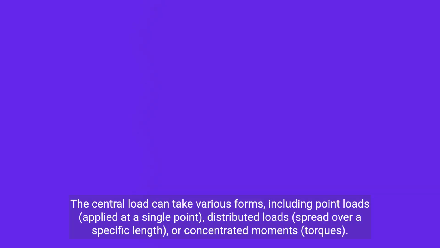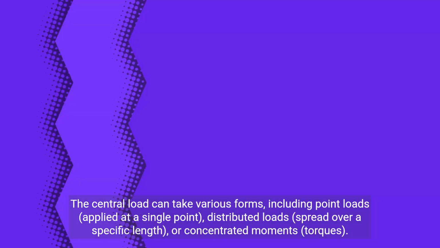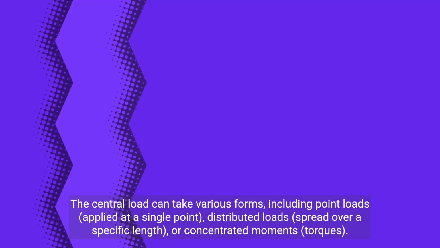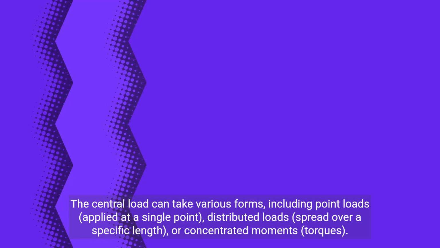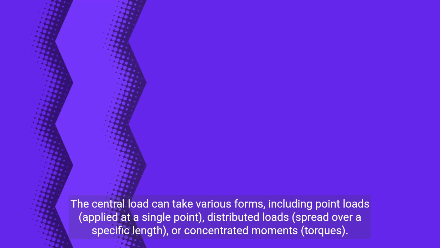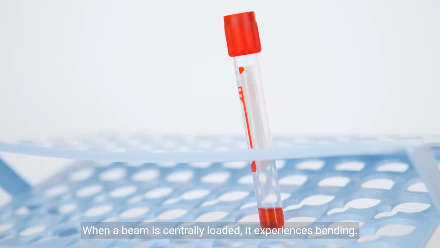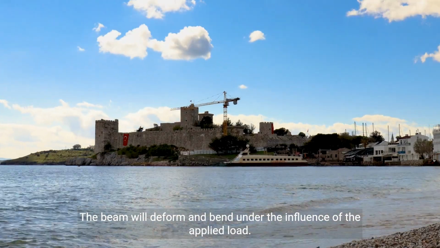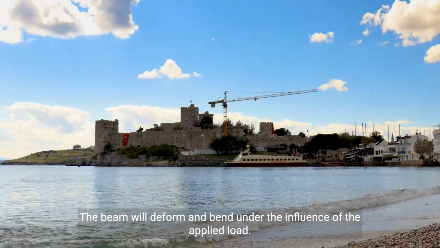The central load can take various forms, including point loads, applied at a single point, distributed loads, spread over a specific length, or concentrated moments, torques. When a beam is centrally loaded, it experiences bending. The beam will deform and bend under the influence of the applied load.